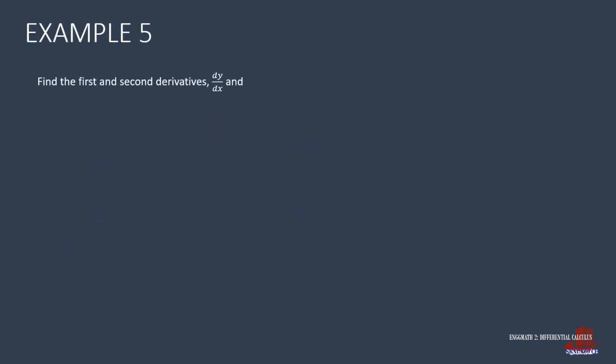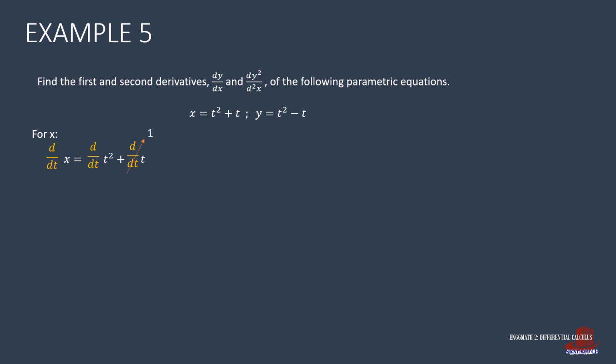Another example has the pair x is equal to t squared plus t and y is equal to t squared minus t. With dx over dt, we differentiate t squared plus the derivative of t. So we have dx over dt as 2t times dt all over dt with 1, which is again simplified as 2t plus 1.